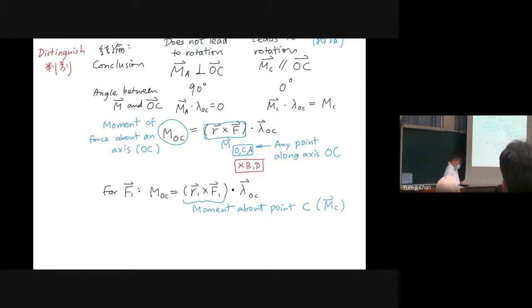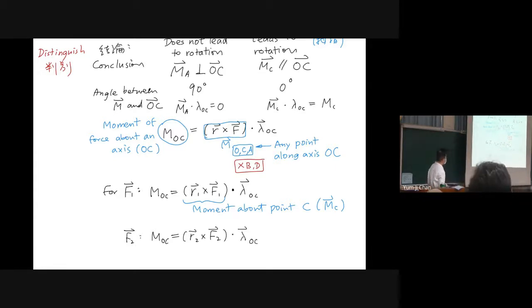And for F2, MOC is equal to. You can first write down, and I will give you time to write down. R2 cross F2, and then dot product with lambda OC.